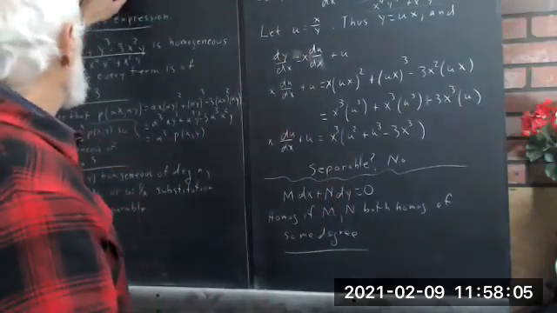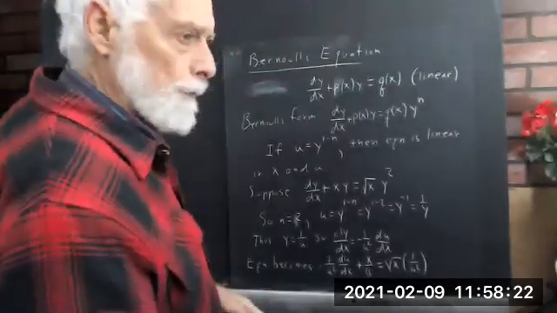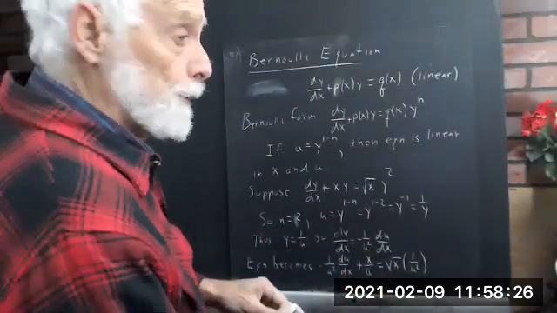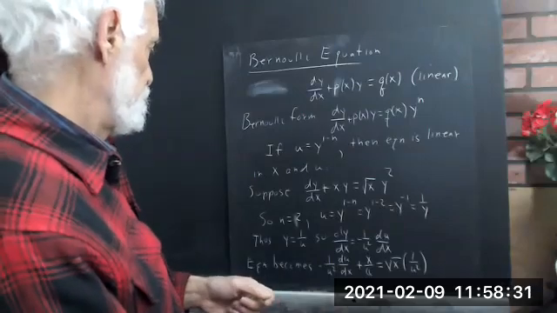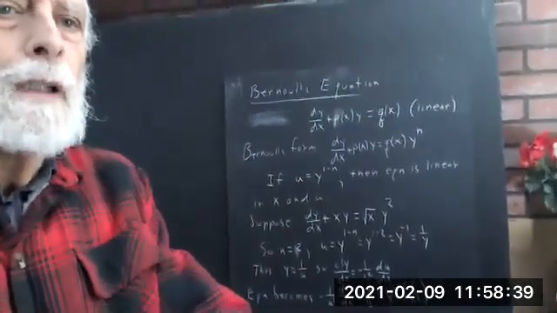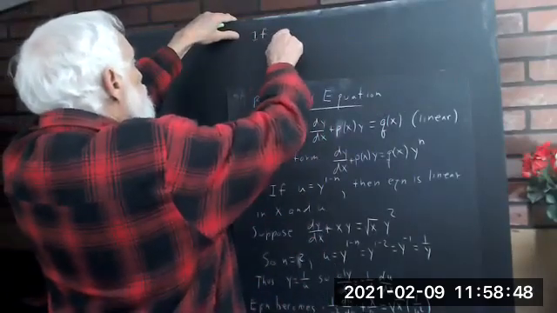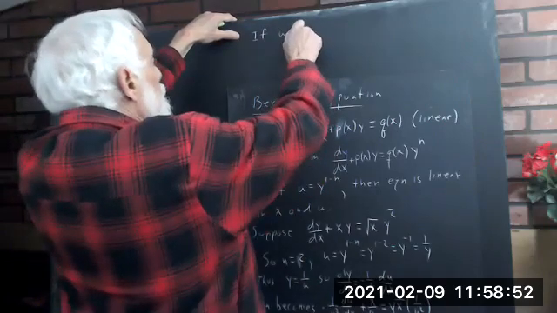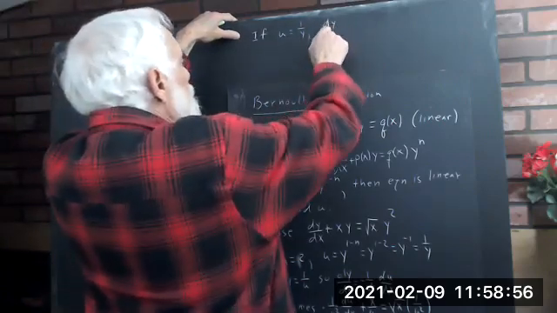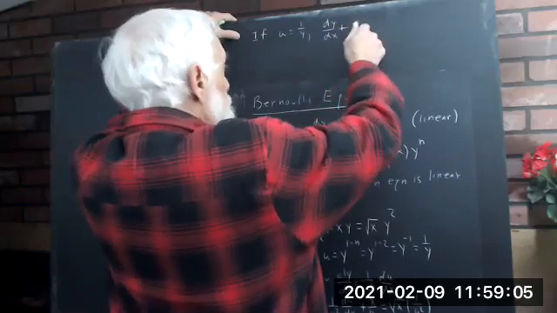Okay, so let me manage these boards a little bit. What I get down here, I bring up to the top, and I'm going to rewrite it. What we're shown here is that if u equals 1 over y, the equation dy/dx plus yx, isn't it?